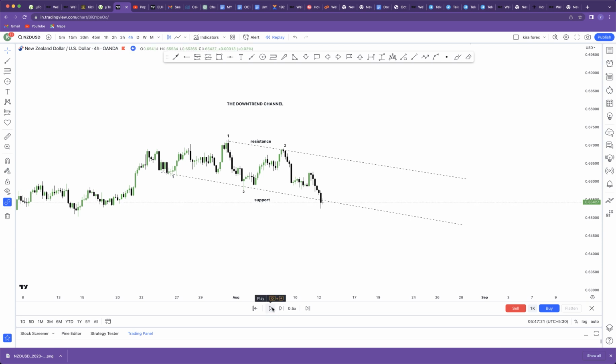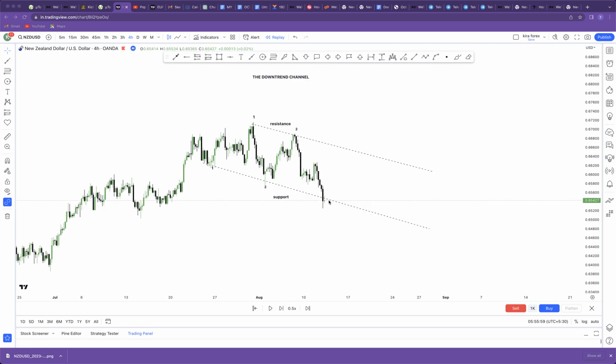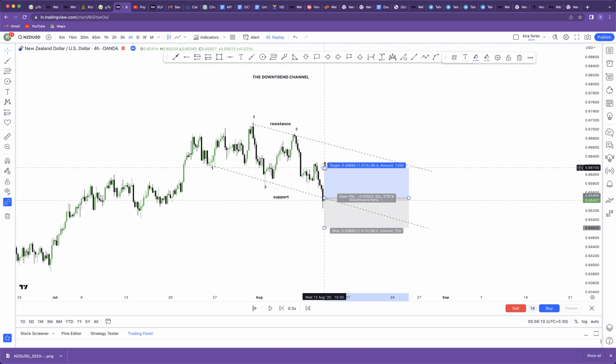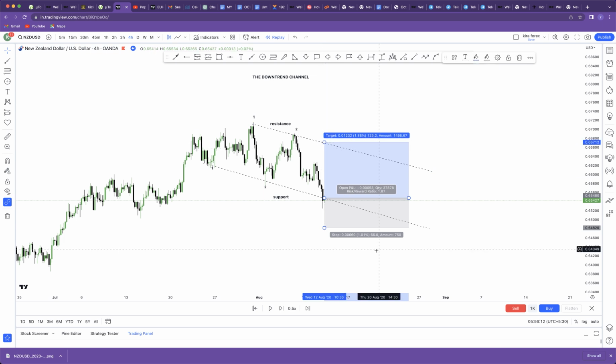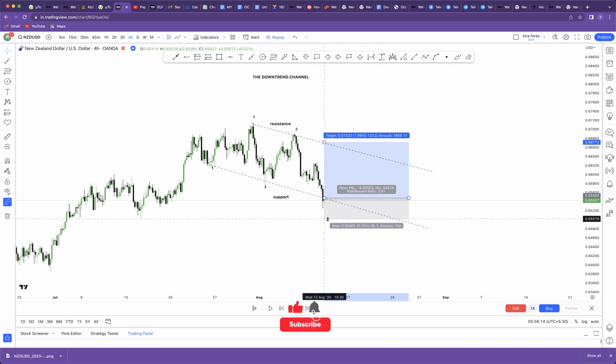So I'll be waiting to see some rejections on the third touch, which is on the support level. Immediately I'll pull out my long position and drop it here, with my take profit at the resistance, and my stop loss below the support.